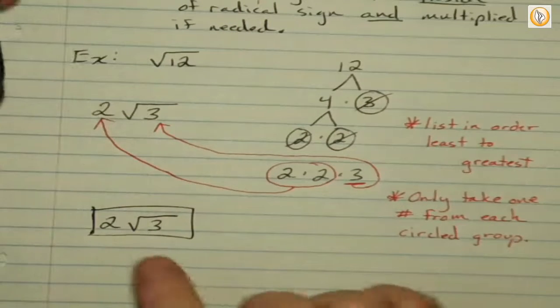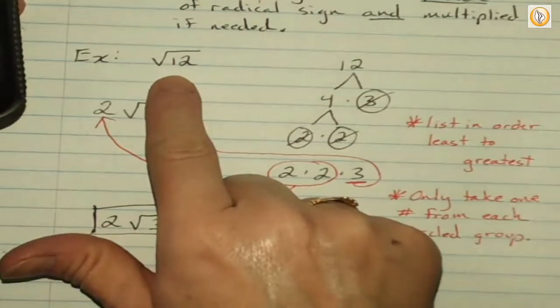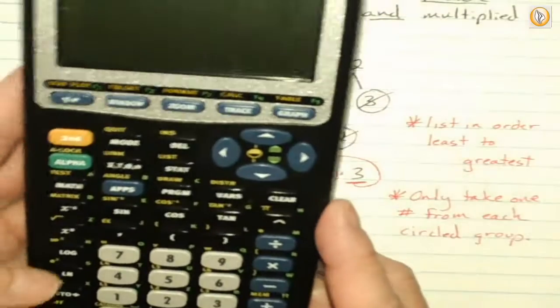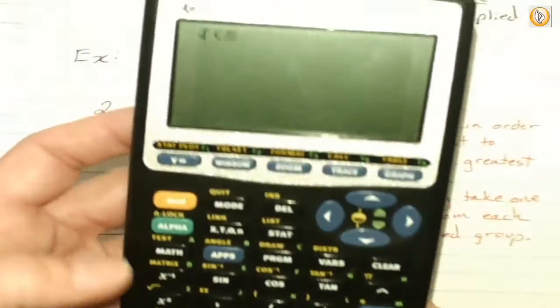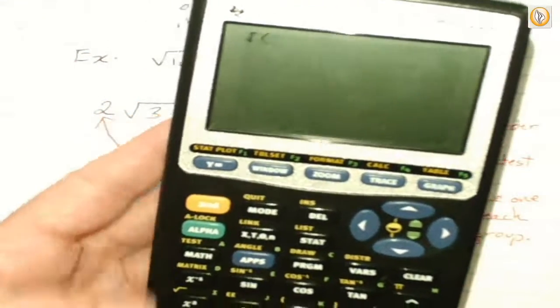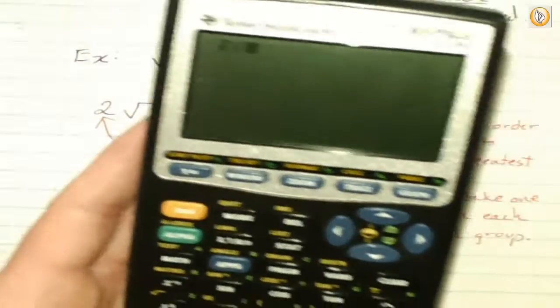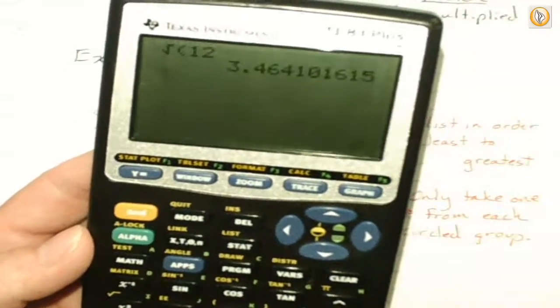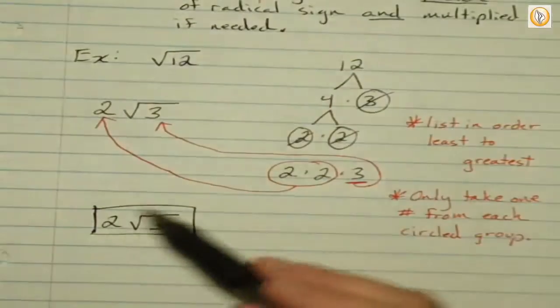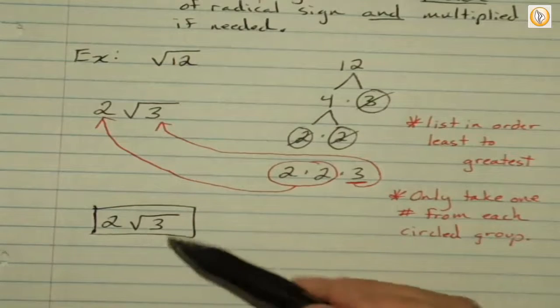So, for example, square root of 12. Here is my square root sign. It's yellow, so I press second, the yellow button, and this button. There's my square root, the radical sign. 12. See the decimal? It's not going to get you the simplified version. And that's what we're learning today.